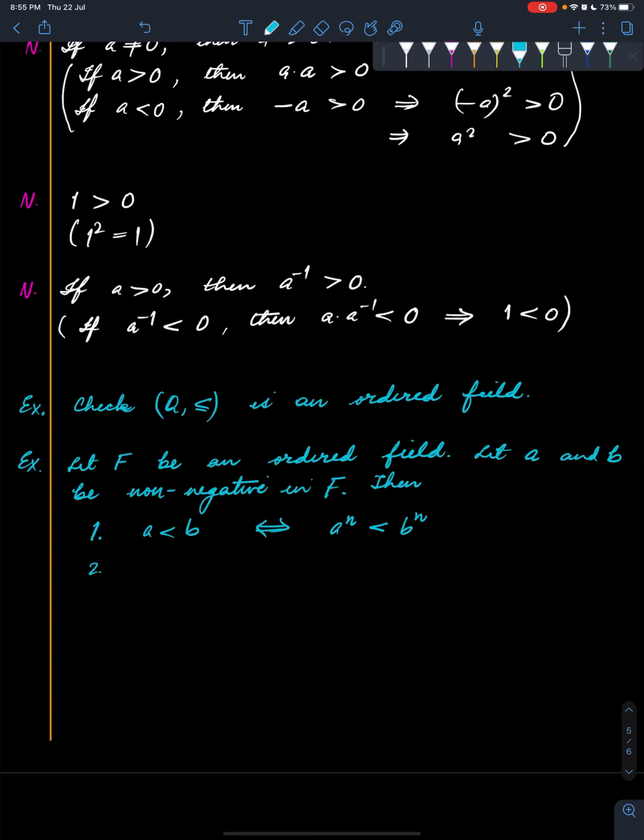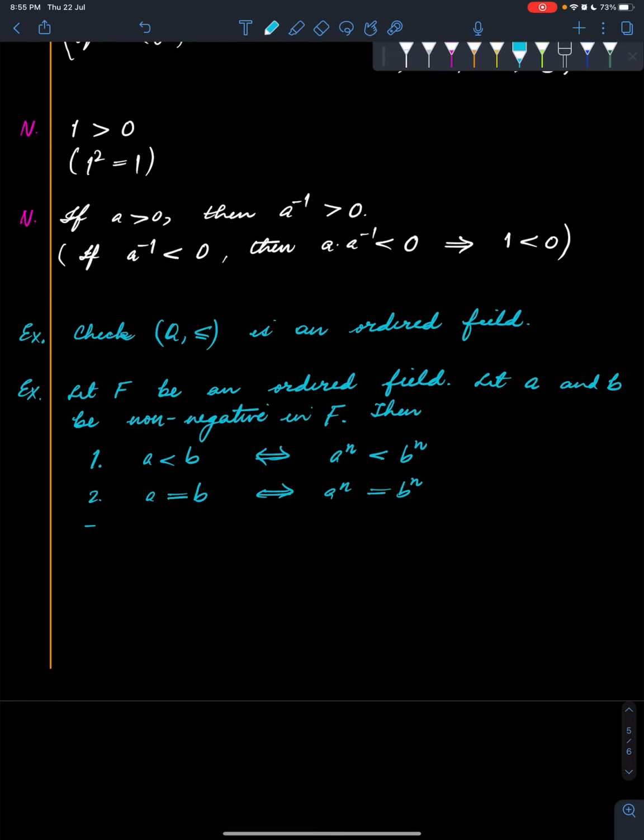I will in a moment. a equals b if and only if a to the n equals b to the n, and a greater than b if and only if a to the n is greater than b to the n. Then for any natural number n this happens.